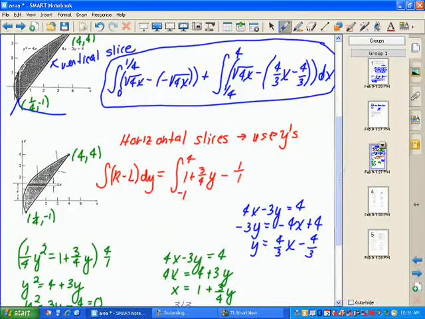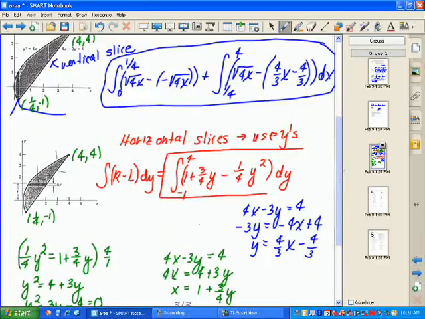So 1/4 y squared dy. Much simpler for that particular one using horizontal slices. By the way, each of these, when plugged into your calculator, since you're finding the area of the same exact thing, should give you the same exact answer, theoretically.